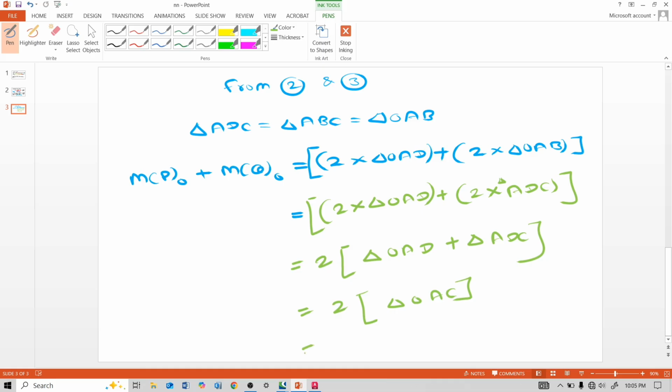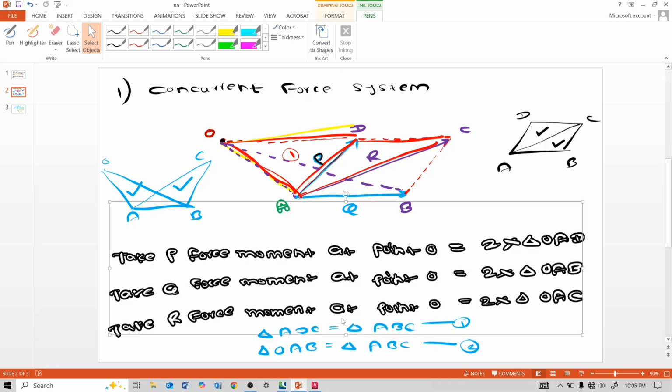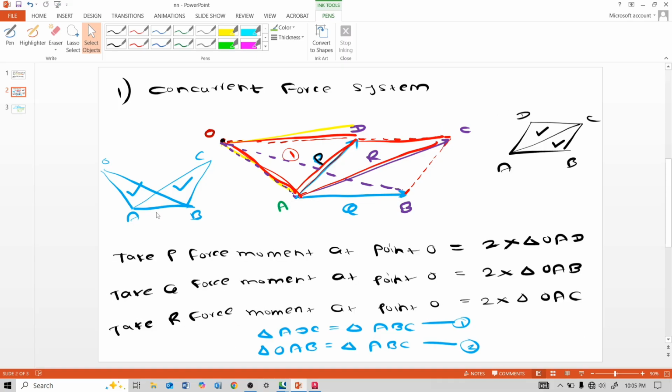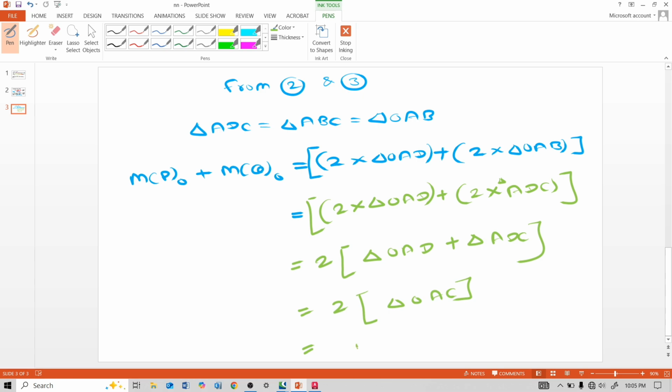And this 2 into triangle OAC is nothing but the R force moment at point O. So we proved it.